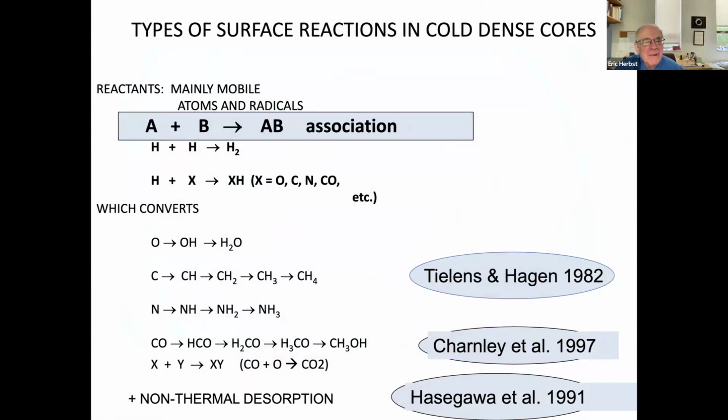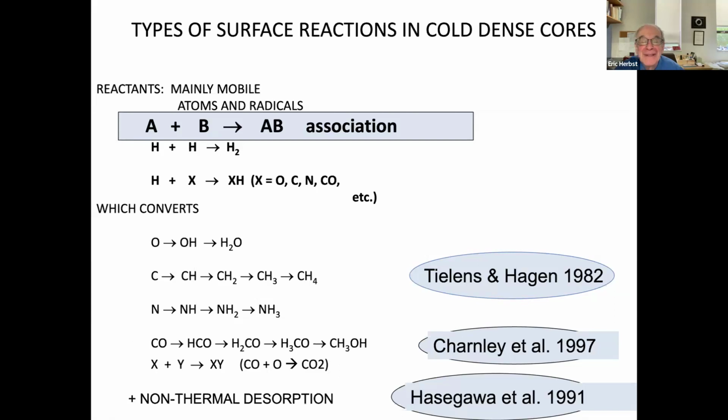Typically, the atoms or molecules that move the fastest are atoms like oxygen, or radicals, that is, not stable neutrals, like OH. These reactions have been studied by people. So we begin to understand what was actually happening on the surface of dust particles.